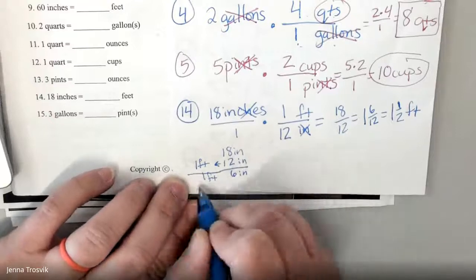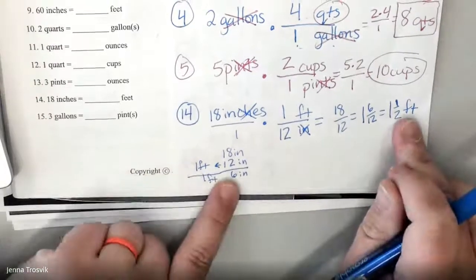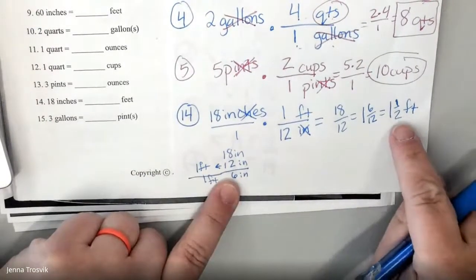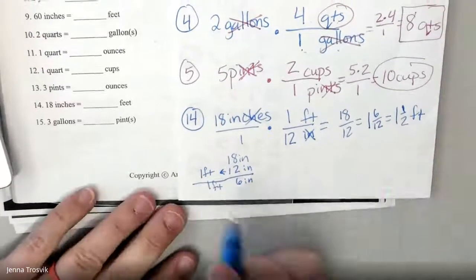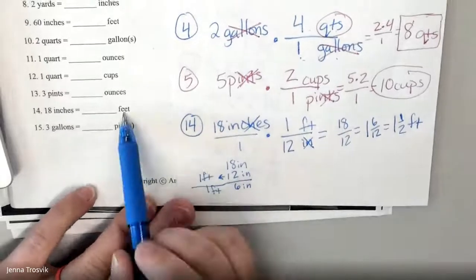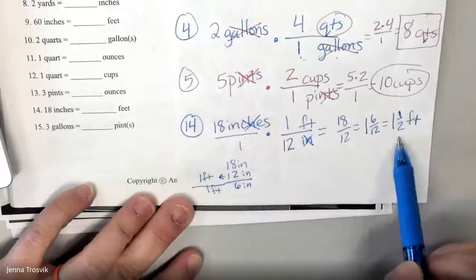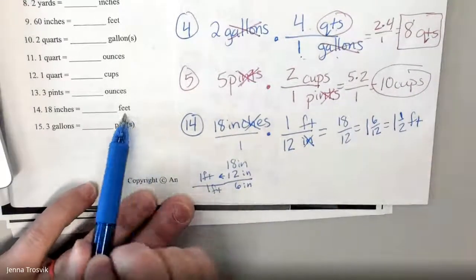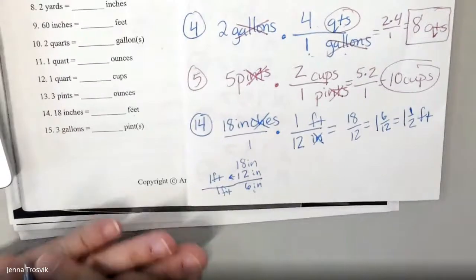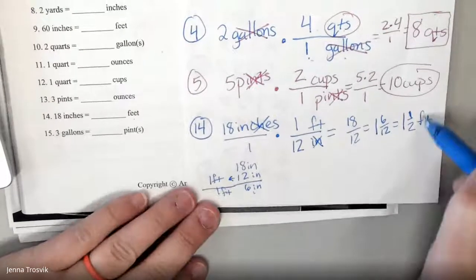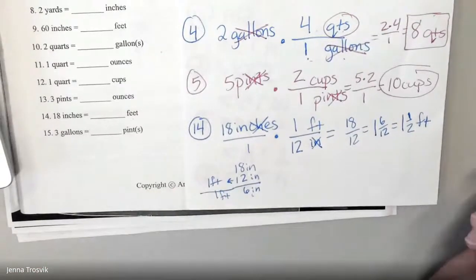So similar to our last page, both answers are correct. 1 foot and 6 inches is the same as 1 1/2 feet. Either is correct, but realistically, they want us to know the final feet. So we want to know fraction form, what do we have as feet? So we would have to convert 6 inches into 1/2 a foot in order to do that. This would probably be the easiest way to understand that.